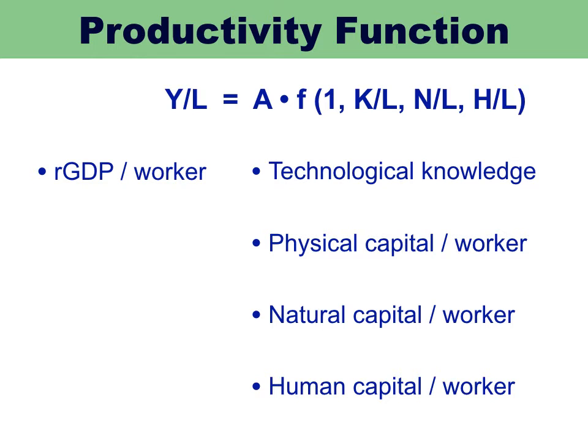The technological knowledge is outside of the function, but within the function, we have 1, because labor divided by labor is equal to 1. And then we have physical capital per worker, natural resources per worker, and human capital per worker. These are the factors that determine productivity.